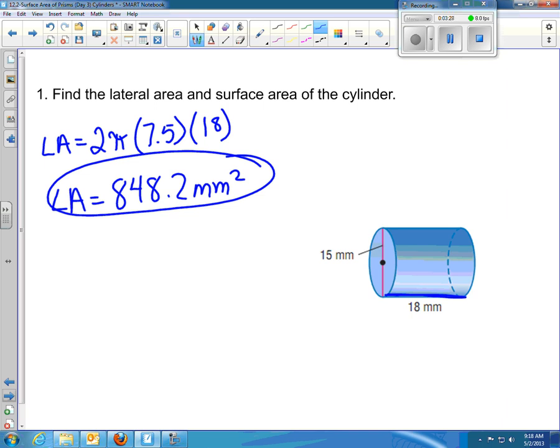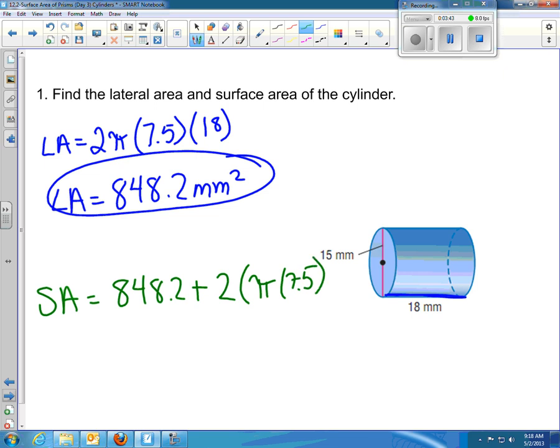Surface area. For our surface area, we're going to take our lateral area plus 2 times pi times our radius squared. Go ahead and type this last piece into the calculator and add it to the 848.2.